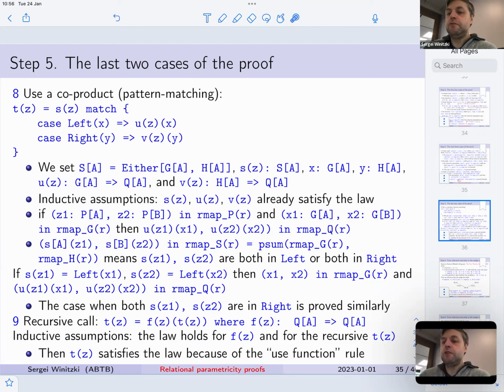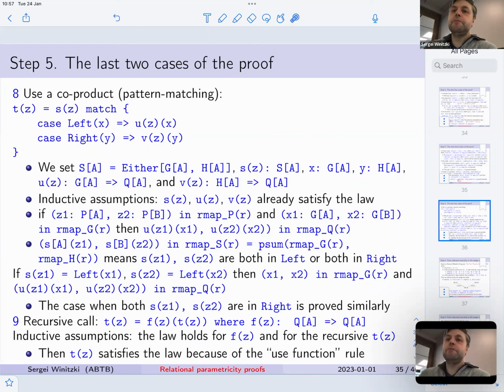So eventually the recursion will terminate, and then this call f of t will not actually use the value t. And so in that case, it's just the law for f that we will need, and that's fine. So that's how we argue in recursive cases.